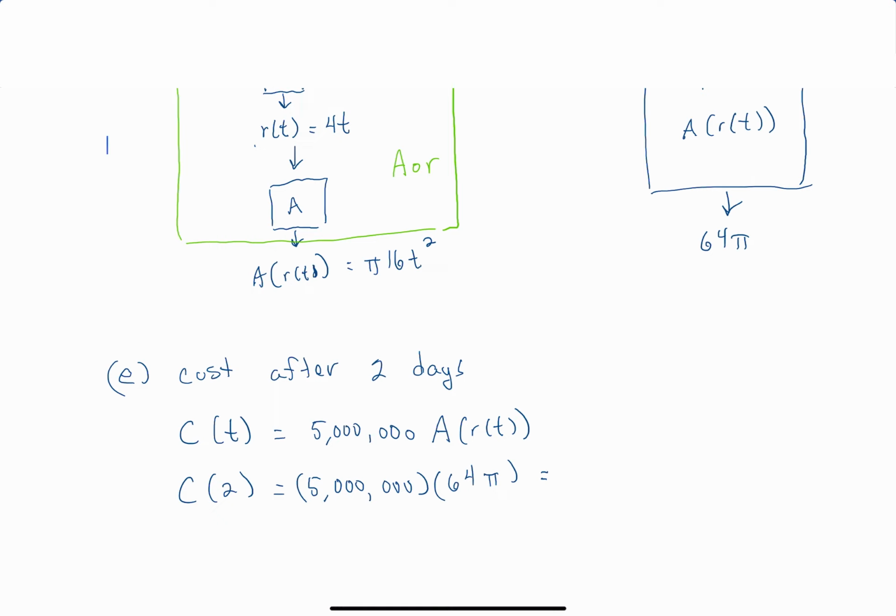Let's round it off to the nearest dollar. 1,005,309,649. So what's that? 1,005,309,649. Wow, over $1 billion after just 2 days of leakage.